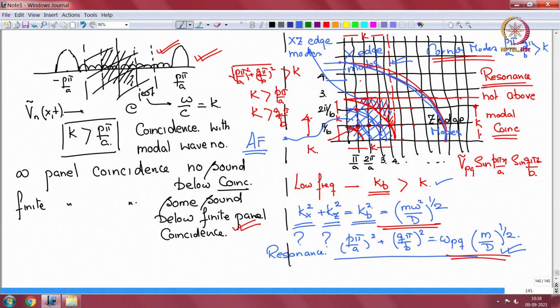When they coincide, those node points where this blue line crosses are resonant, and they are just at modal coincidence. So you have both resonance and coincidence. You get from those modes the most efficient radiation, and then with further increase you will have the K quarter circle dominating.